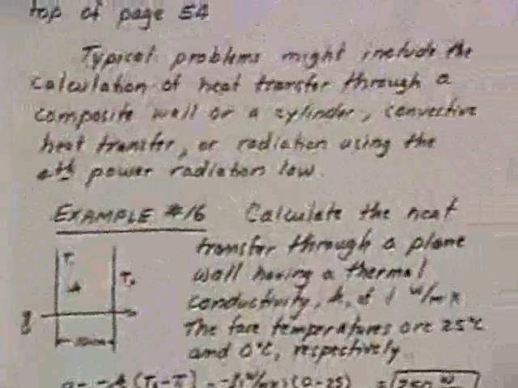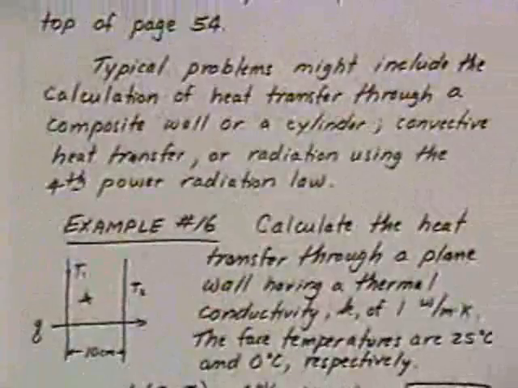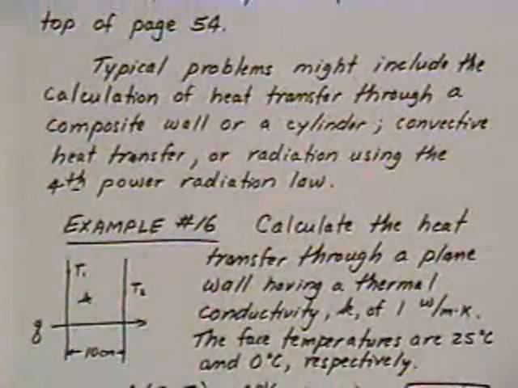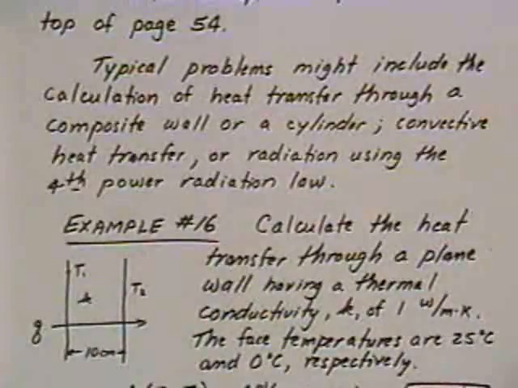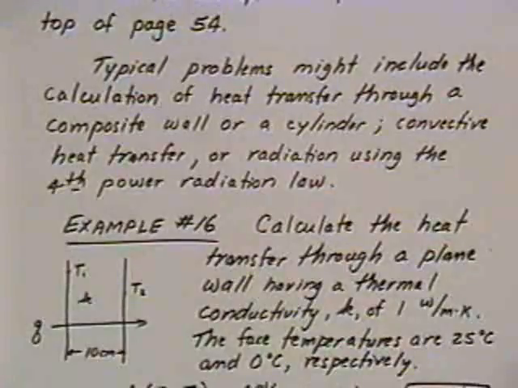Now, the typical problems that you might encounter would be heat transfer through a composite wall or through a plane wall, or through a cylinder, which would be comparable to a steam pipe with insulation on the outside, where you want to know how much your heat losses are.